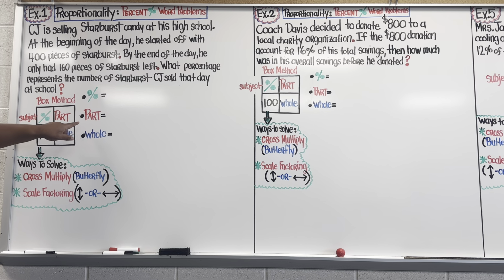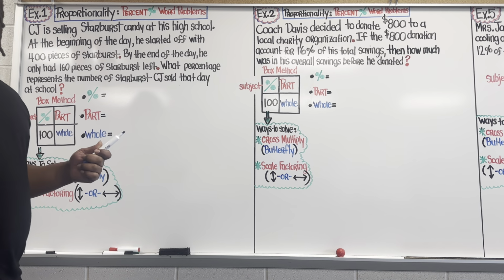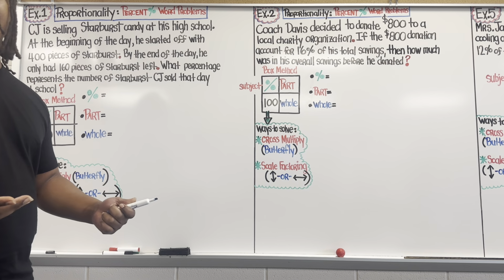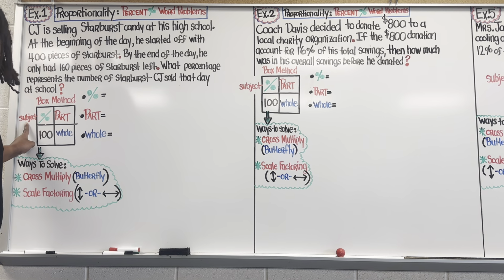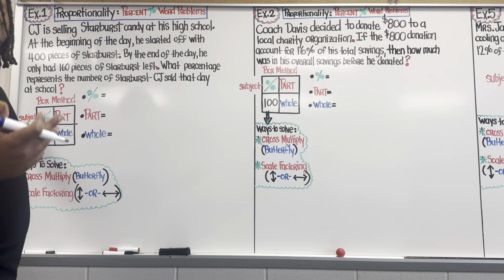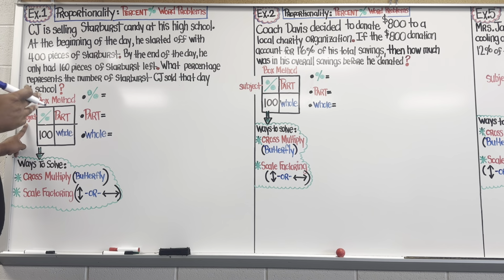So we have these 3 different parts. We have the percent, the part, and once again, the percent and the part will represent the same thing, okay? So for example, if I'm talking about the student body at my school, but the subject is girls, right? Not all students are girls at my school. There are also boys.